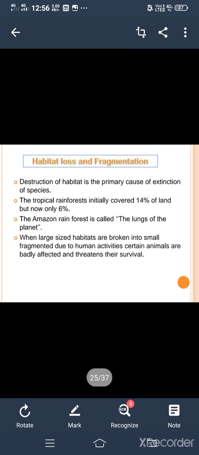Destruction of habitat is the primary cause of extinction of species. Tropical rainforest initially covered 14% of the land, but now only 6% is present. When large-scale habitats are broken into small fragments due to human activities, certain animals are badly affected and their survival is threatened.